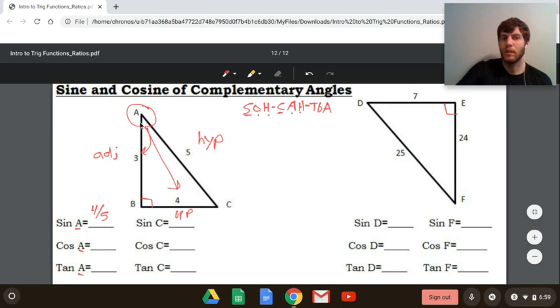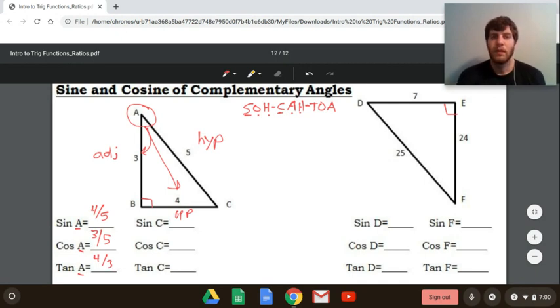So the adjacent side is 3, and the hypotenuse is 5. And then tangent of A, so tangent, that's your TOA part, T-O-A. Tangent is going to be opposite over adjacent. So opposite side is 4, and your adjacent side is 3.